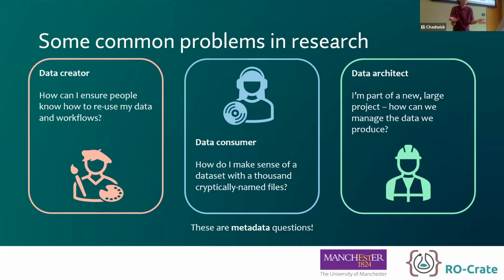And so you ask, how do I make sense of this? And then if you're a data architect, you've got a new project starting up, you're thinking, how can we manage the data that we produce in a FAIR way, compatible with open science principles and so on. And these are all at least partly questions about metadata, or metadata can help to answer these questions.